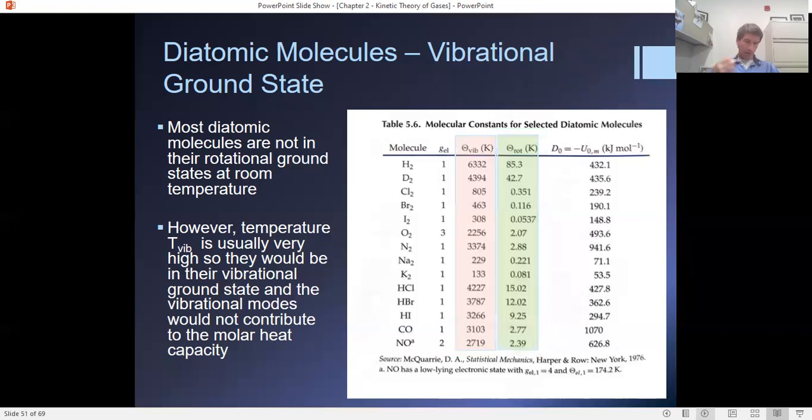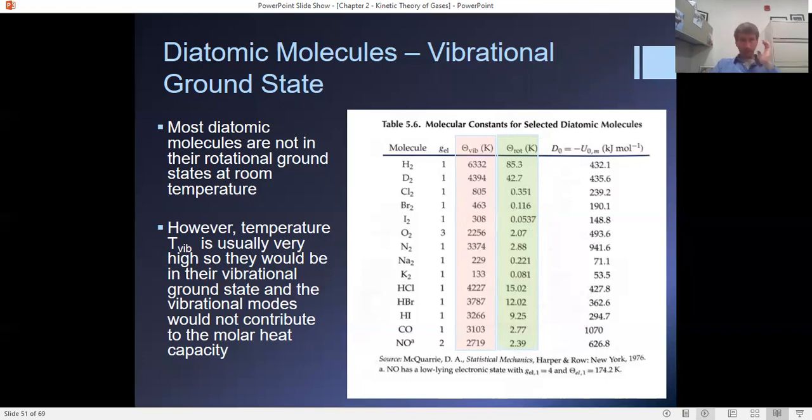So in most circumstances, iodine is an exception. K2 is diatomic potassium. Who has that as a vapor? Those vibrational modes become significant.